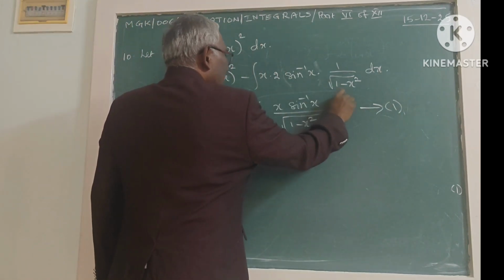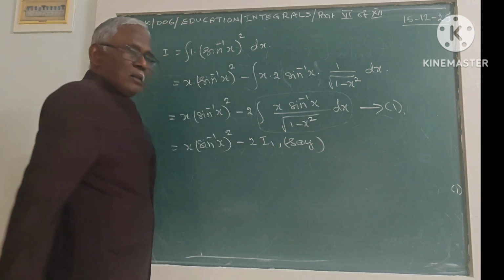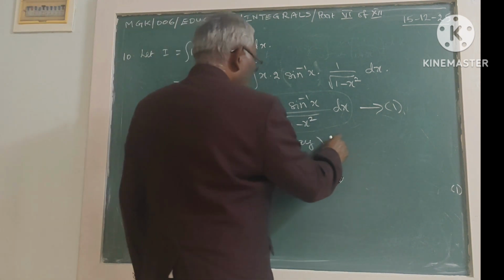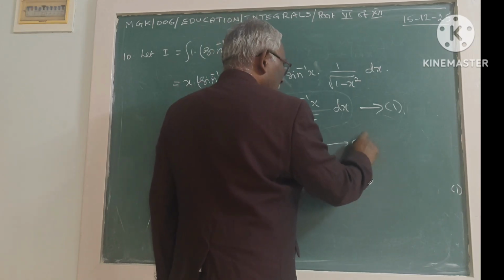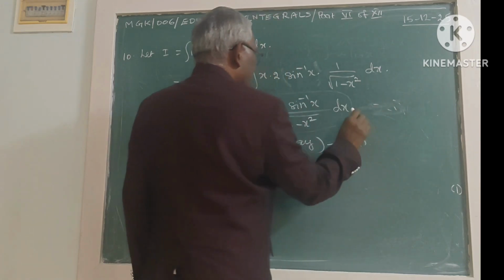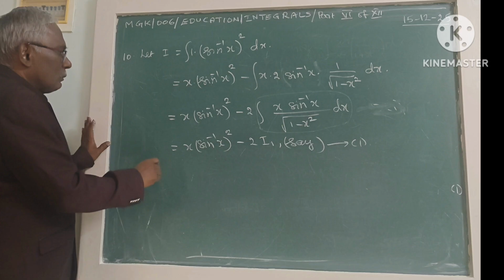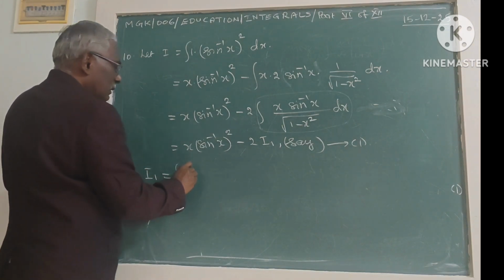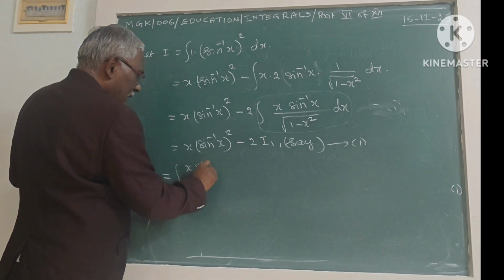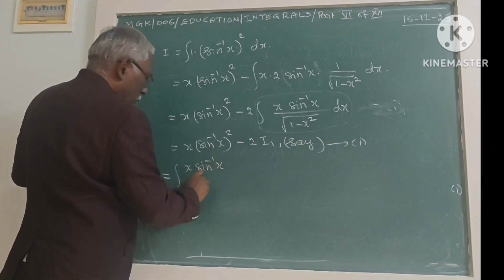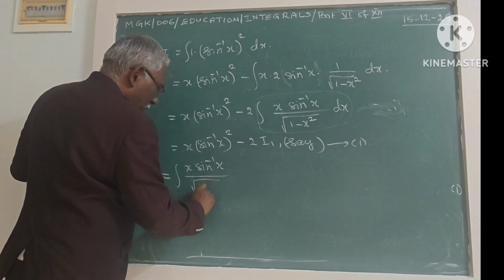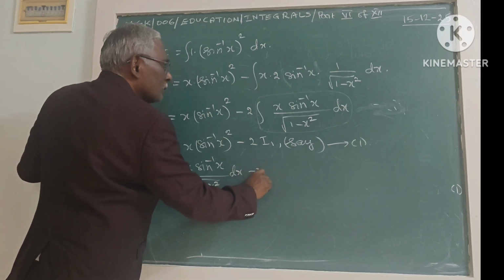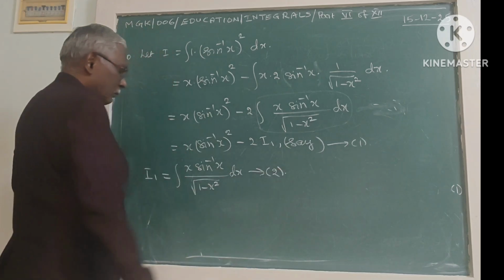So we will take this as I₁ and we call this equation 1. So I₁ is integral x sin⁻¹x by √(1 − x²) dx.